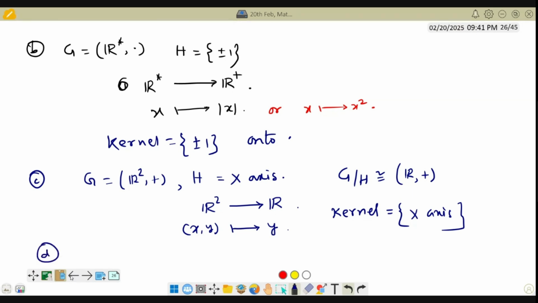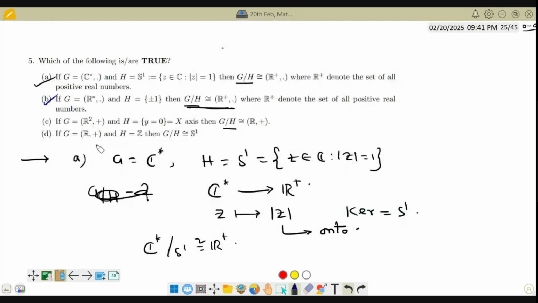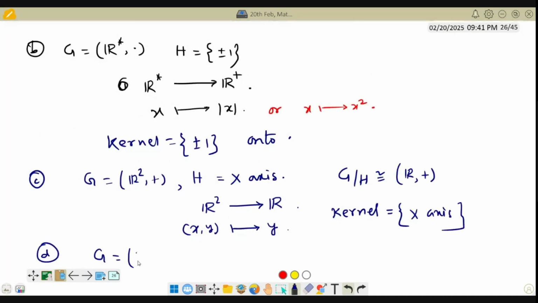Option D is you have R plus and you have Z. Can you identify the quotient? How do you identify the quotient? Right, 2 pi.